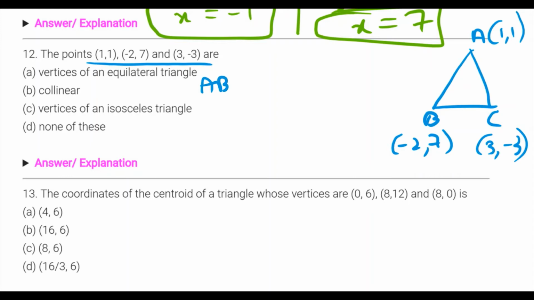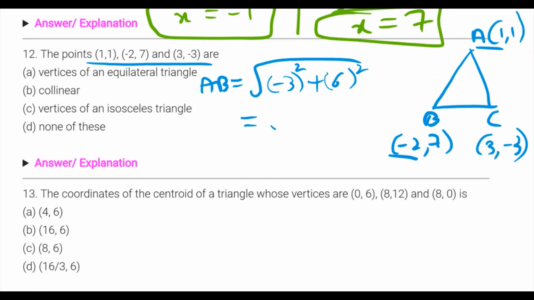AB distance equals square root of -2 minus 1, x2 minus x1, right? So it's -3 whole square plus 7 minus 1 is 6 whole square, which gives us root of 9 plus 36, which is 45. AB is root 45.